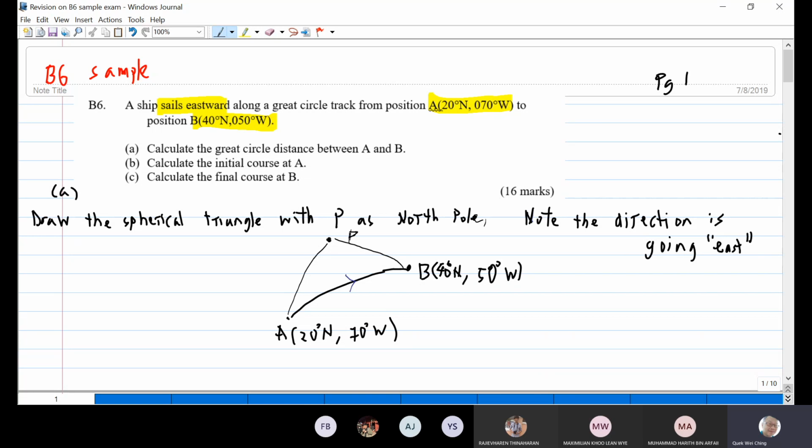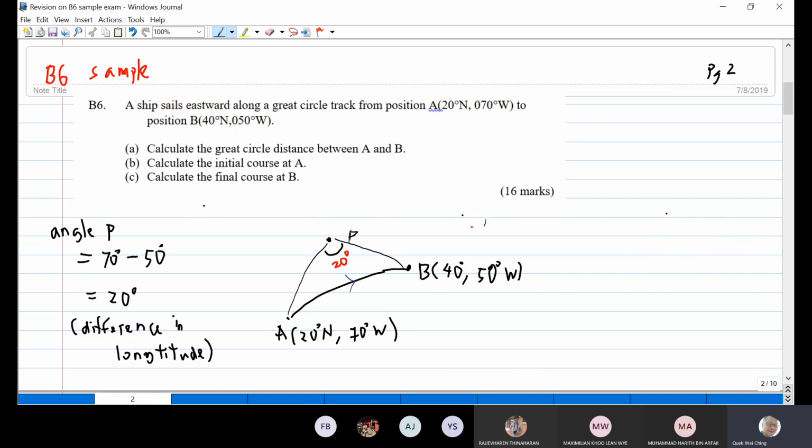Now, do you know what is PA? Do you know what is PB? Okay, PA and PB now. Let's try to find out what is PA here. First of all, what is the difference of angle as you move from North Pole? So one of them, we look at the angle difference, right? From west to east.